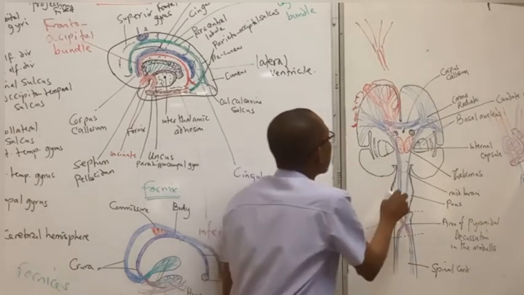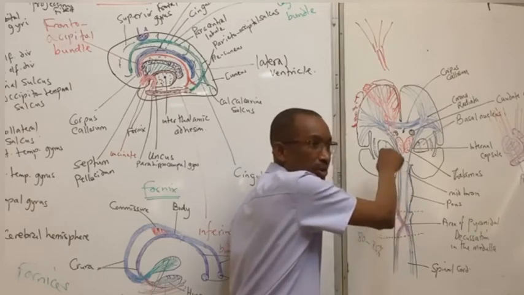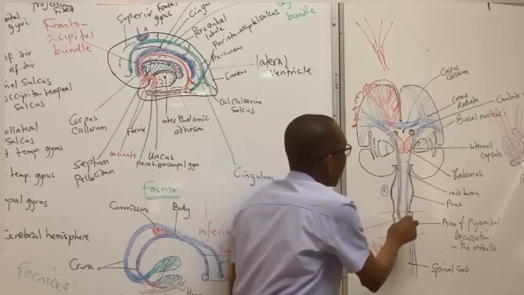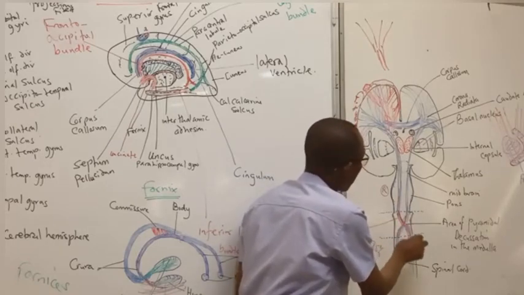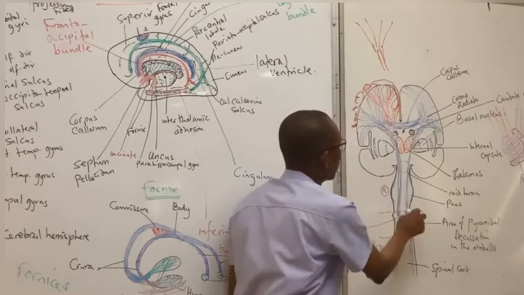So if these are the descending fibers from the right internal capsule, as they come into the medulla oblongata, they crisscross to the other side. From the right, they go to the left. The same thing with this one.